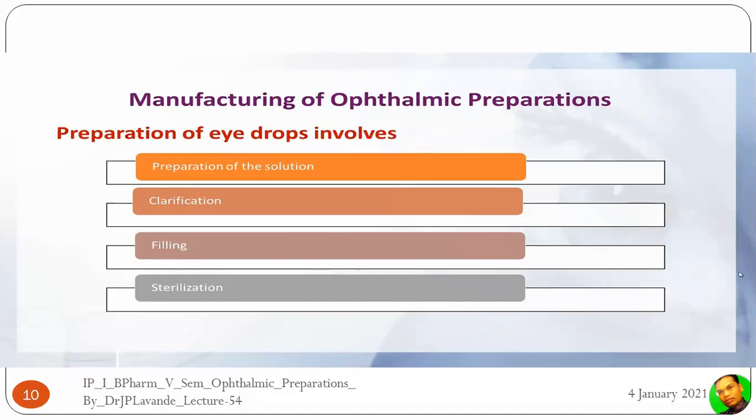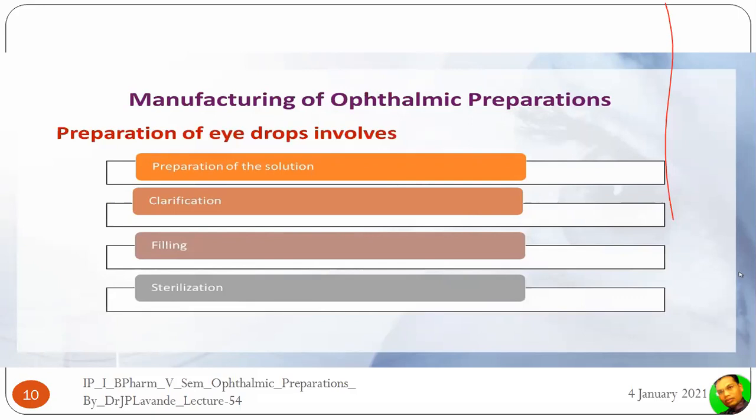In that, the very first step consists of the preparation of solution, right? As it is the eye drop, a liquid solution, it requires dissolving the active medicament, the active pharmaceutical ingredient or the drug, into the vehicle.